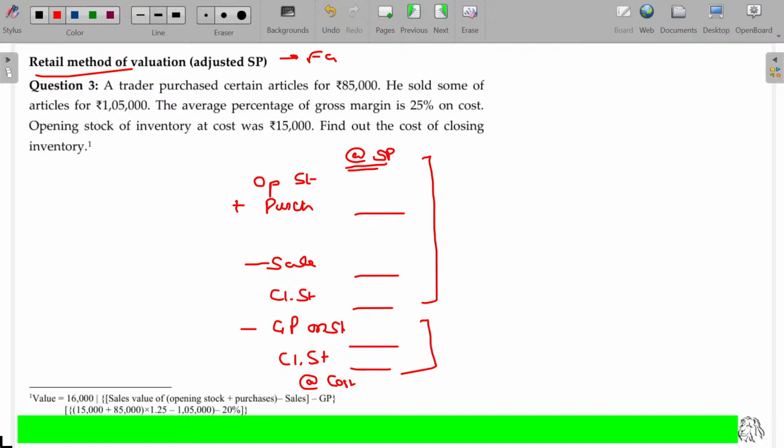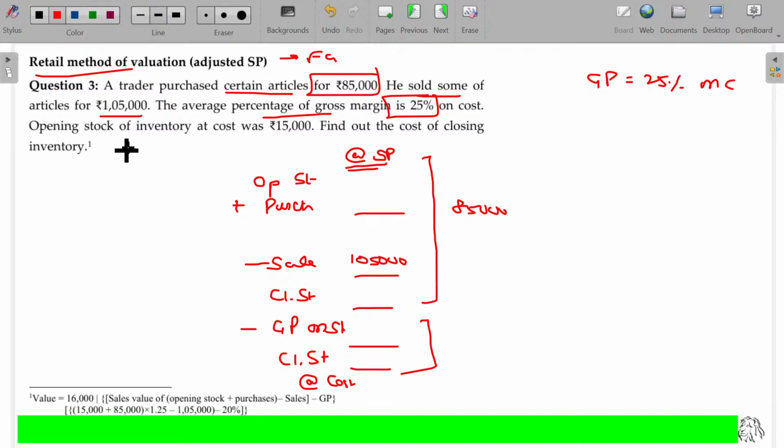Is that okay? A trader purchased a certain article for rupees 85,000. Purchases. Okay. This is cost. He sold some of the article for 1,05,000. The average percentage of gross profit being 25% on cost.